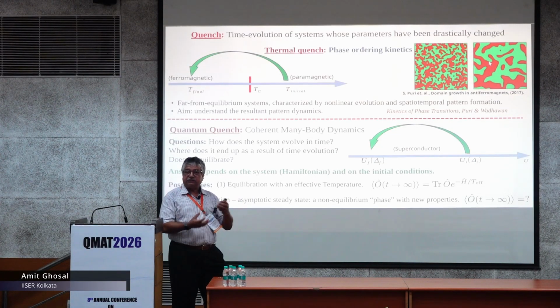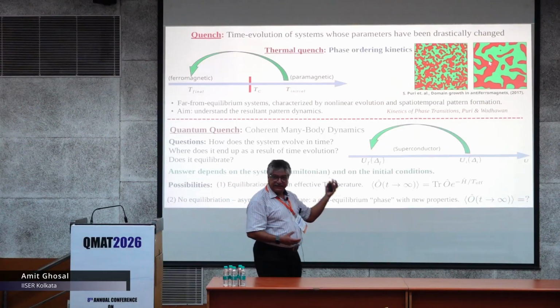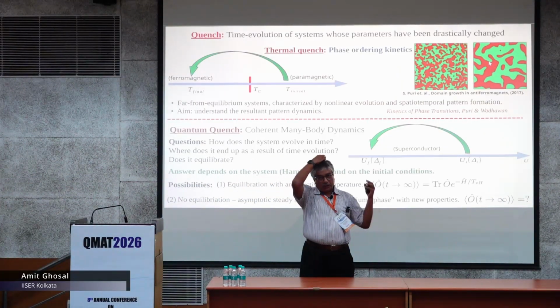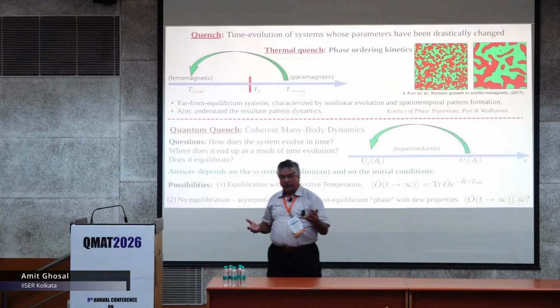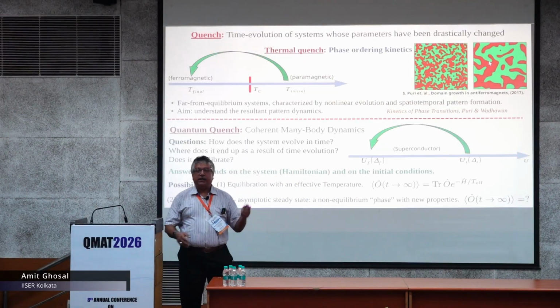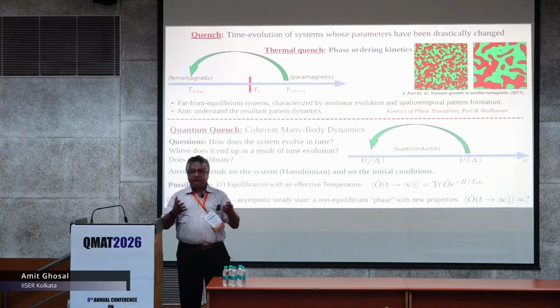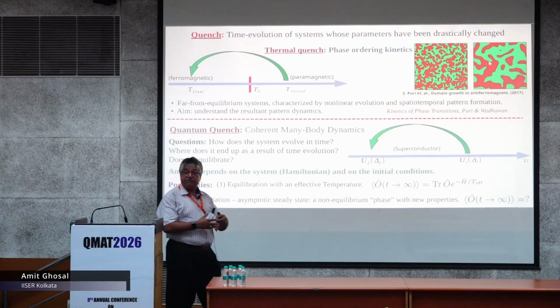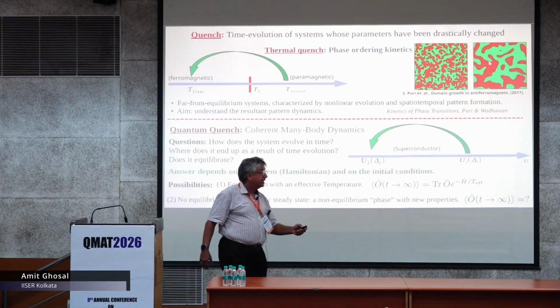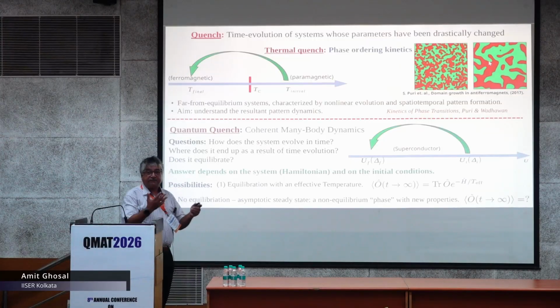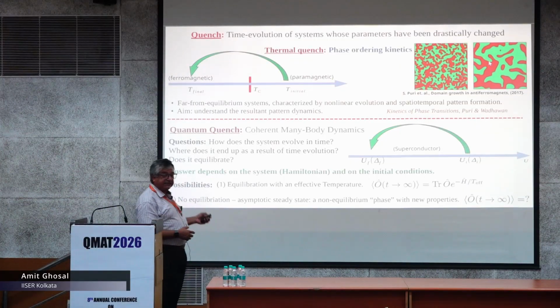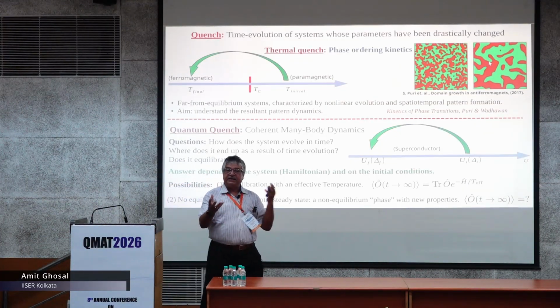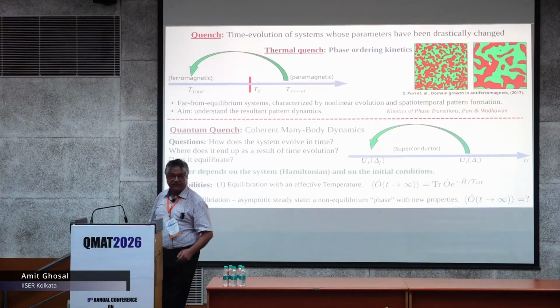You start with some inherent length scale, and then the puddles grow as time grows, and this can go until infinity. If you think of paramagnetic to ferromagnetic at zero temperature, the puddle should grow to infinity. At a finite temperature, some areas will be left out which are the size of thermal defects.